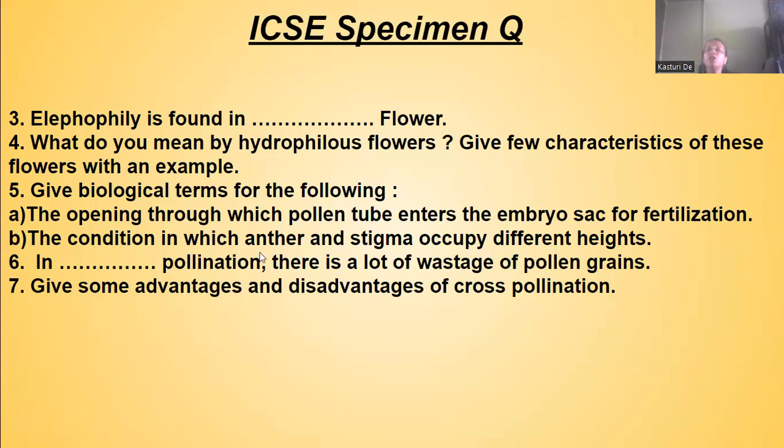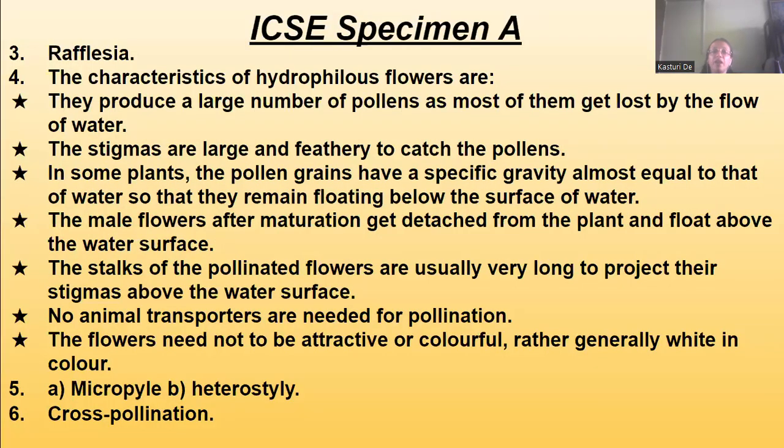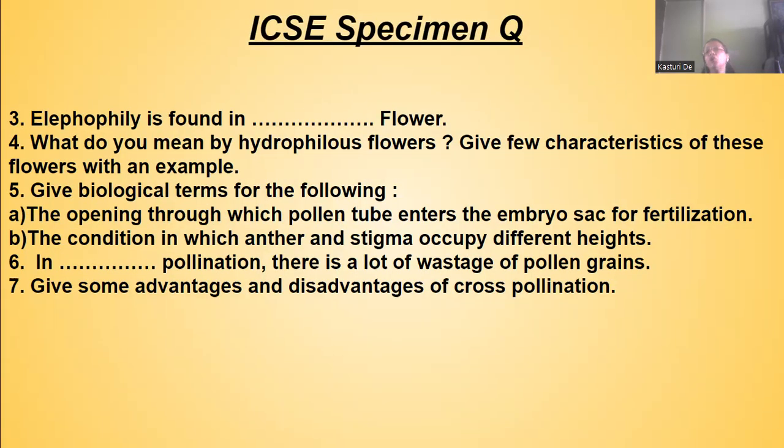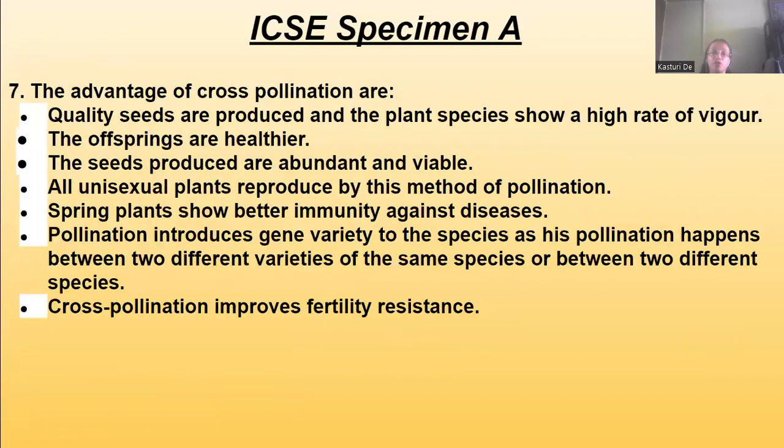The condition in which the anther and the stigma occupy different heights, either anther low and stigma above, or anther above and stigma low, is known as heterostyly.